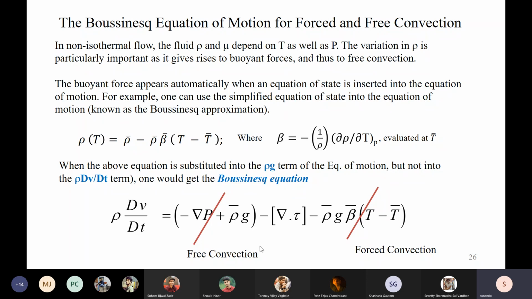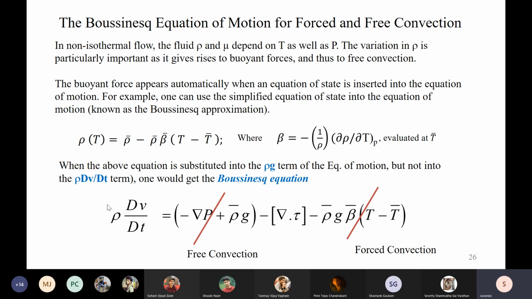So in free convection, of these terms, this can be taken to be very small in comparison to this, whereas in forced convection, this term can be taken to be small as compared to the free convection part. And once again, in free convection, the left-hand side is probably going to play a lesser role, since the velocities, and therefore the convection associated with the flow, would be small.